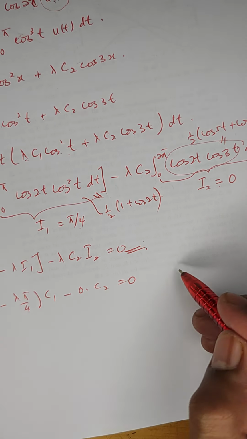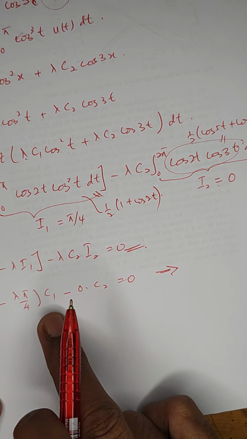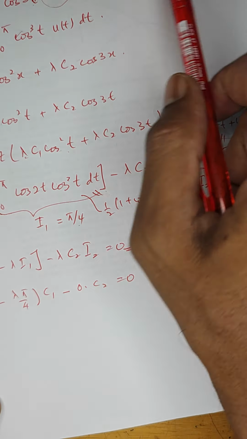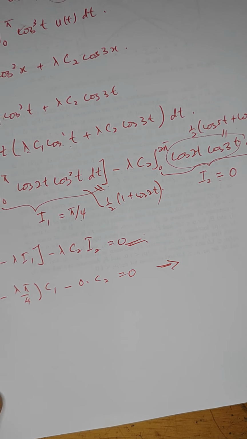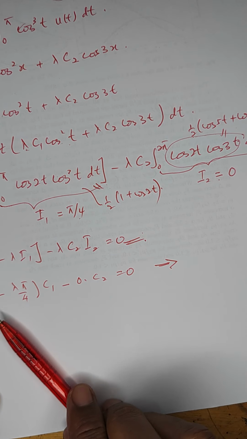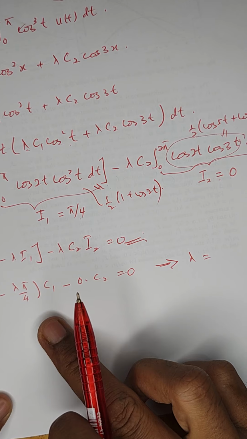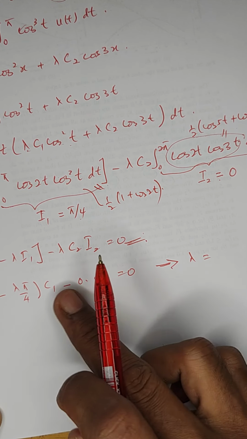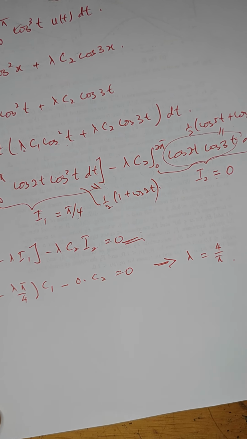So basically C1 cannot be 0, and C2 is not necessarily 0, because if C1 and C2 are both 0, then we have the trivial solution. So C1, C2 cannot both be 0, therefore this part should be 0, and that gives you lambda equal to 4 over pi.